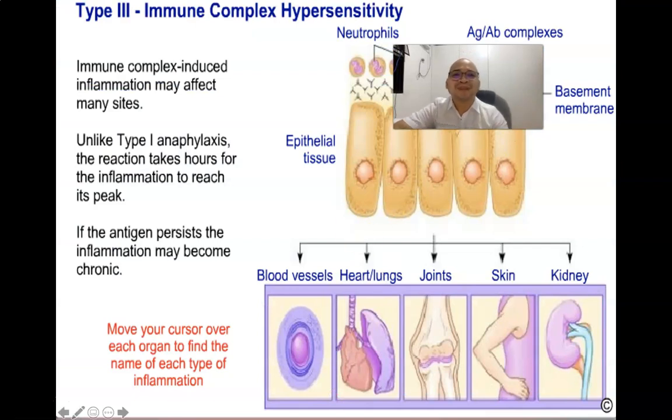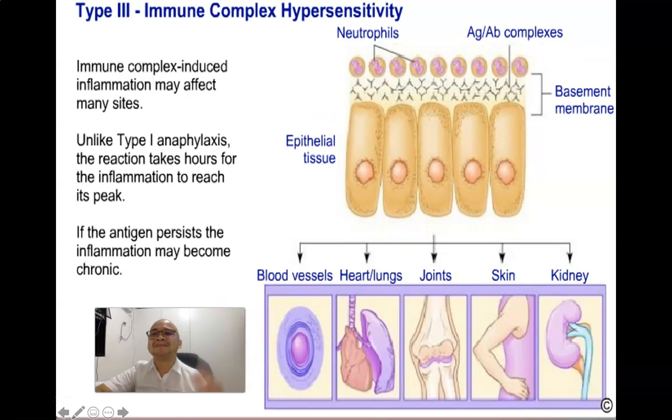Okay, so to give you hopefully a much thorough understanding, again, these are the epithelial cells. And then you have here the immune complex, deposited here at the surface of the epithelial cells.